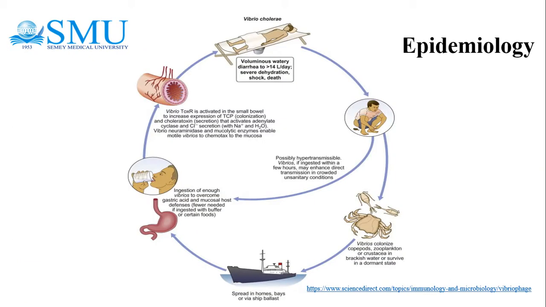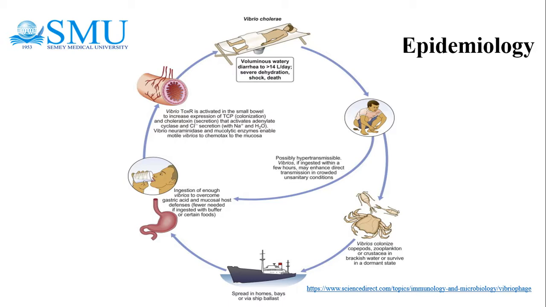And the epidemiology of this disease. First is possibly hypertransmissible virus, which if ingested within a few hours may enhance direct transmission in crowded unsanitary conditions. And the vibrios colonize copepods, zooplankton, or crustacea, and survive in a dormant state.